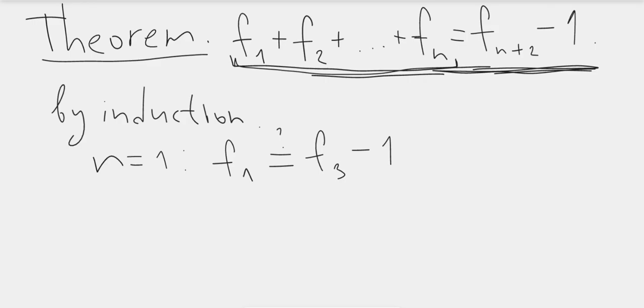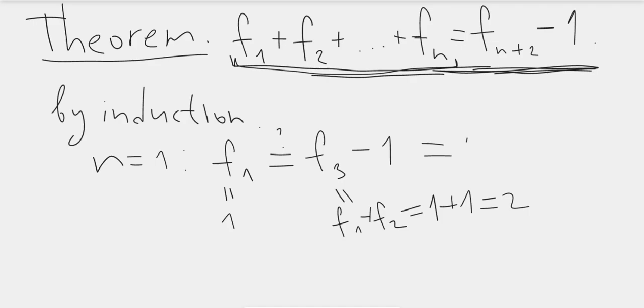Okay, so f1 is equal to 1, f3 is equal to f1 plus f2, which is equal to 1 plus 1, which is equal to 2, and minus 1. So this would be equal to 2 minus 1 equal to 1. So the equality holds.